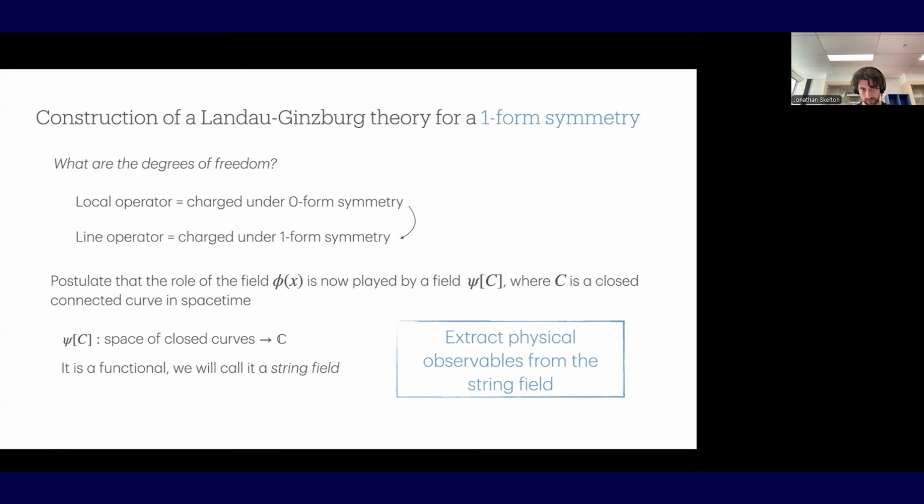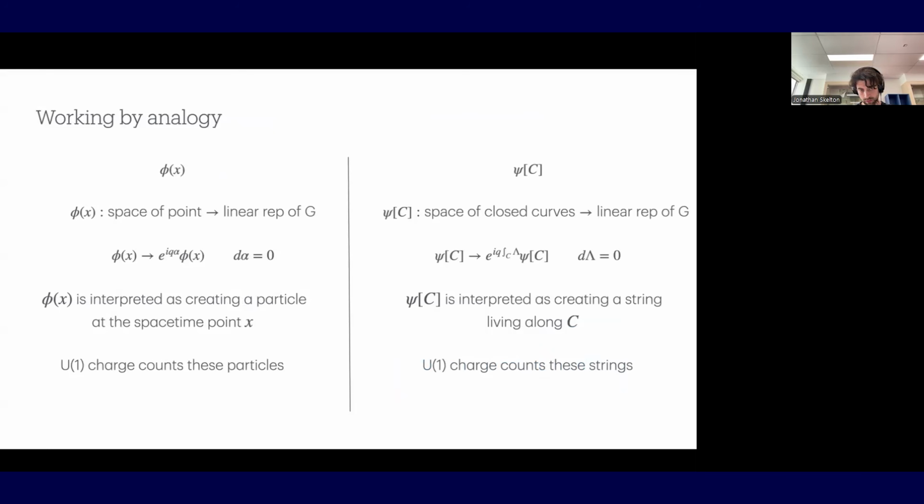So how do we extract information from this functional? First of all, let's build some analogies. Instead of a field, we have now a functional defined on a closed curve instead of points. We know how it transforms. It transforms in a very similar way.